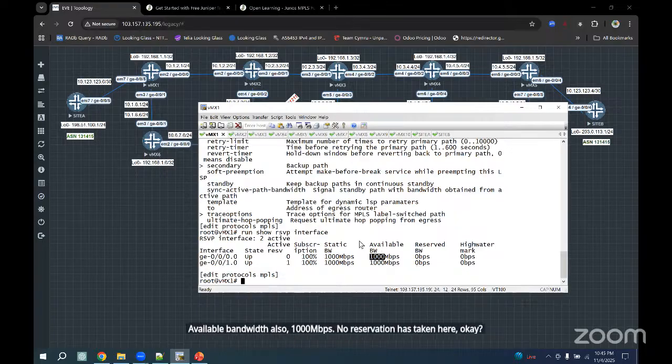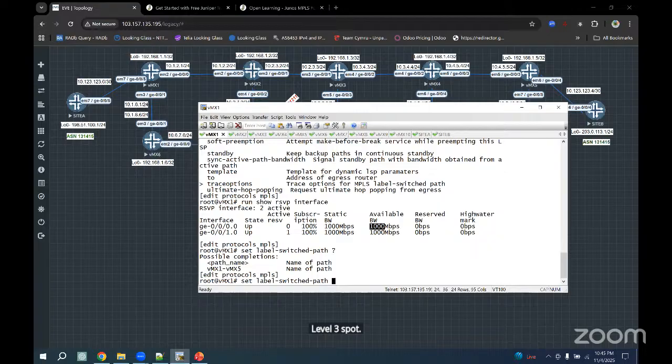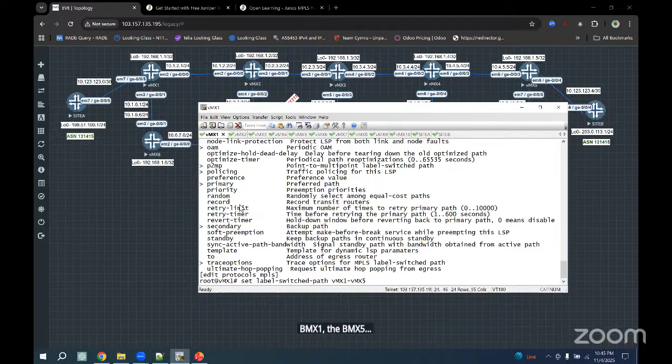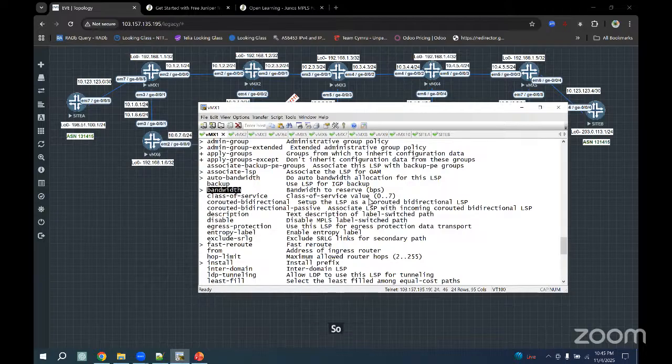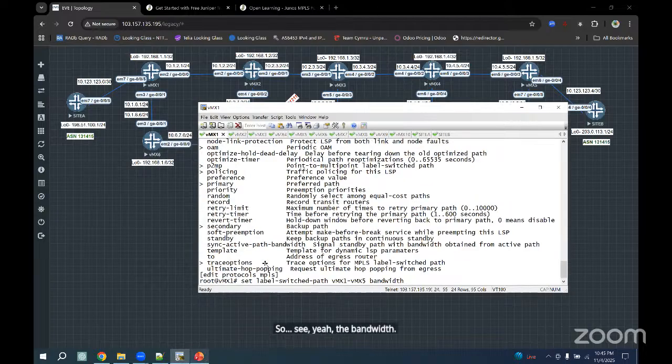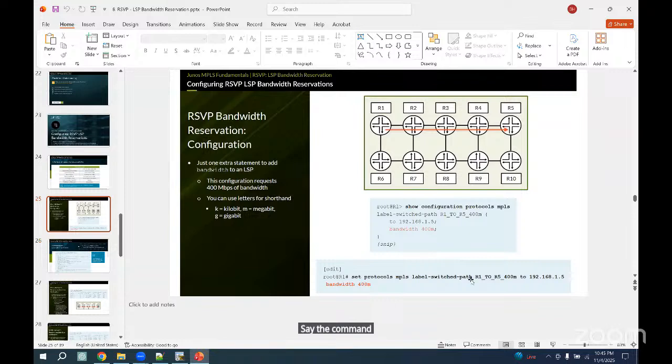Okay. So now we want to set a label switched path, VMX1 to VMX5, with bandwidth reservation. See here the command: label-switched-path name, then bandwidth.